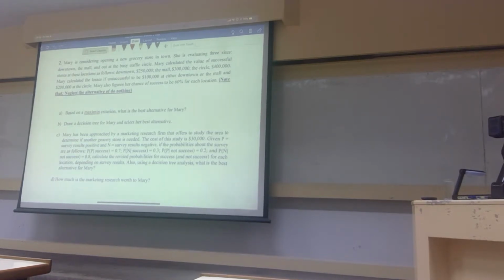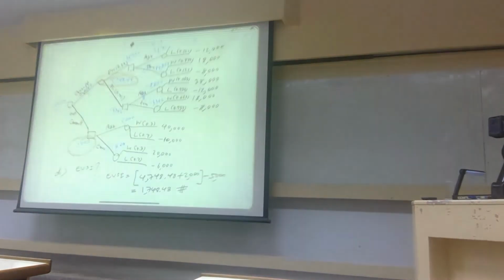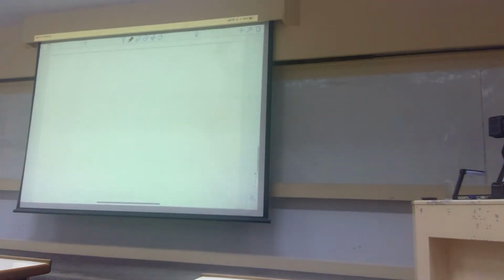Question C, develop the decision tree and calculate the probabilities. And again, question D is about EVSI. Okay, so let's start. So in this case, I prefer to do a table for the first one to show you.